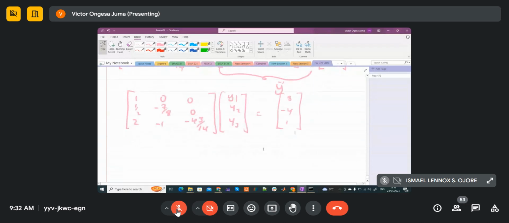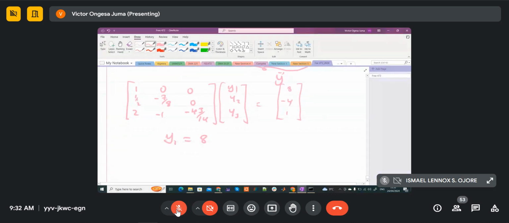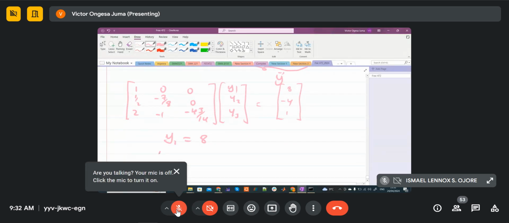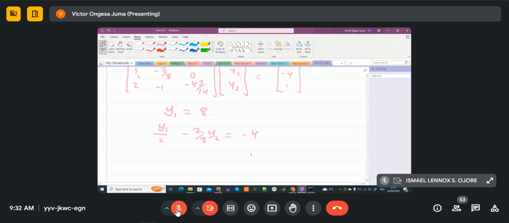So by forward substitution, it means you start from above. Here it means your y1 is 8. Then you go to the next one. y1 over 2 minus 7 over 8 y2 is the same as minus 4. So that is 4 already.